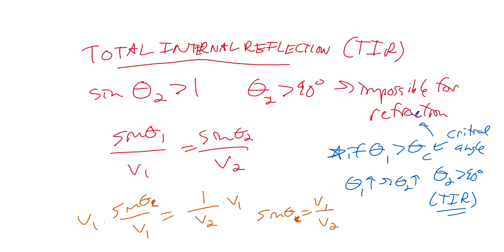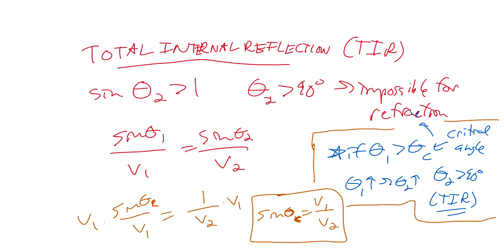So you can just use Snell's law and this logic here. What's in a box is the most important part. So the critical angle is when theta 1 equals the critical angle when theta 2 is 90 degrees, and it's the border of that impossibility.